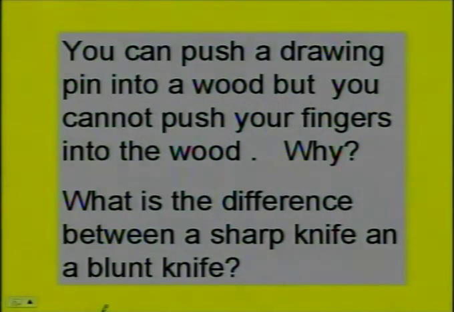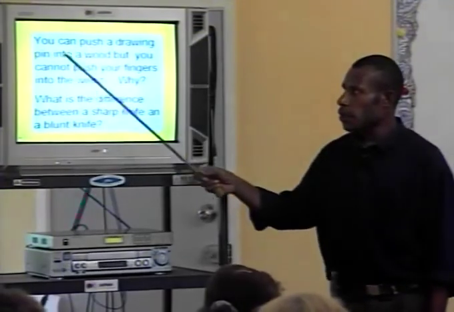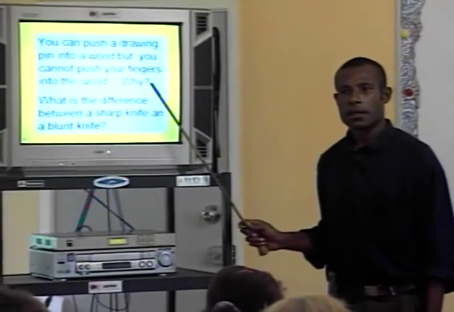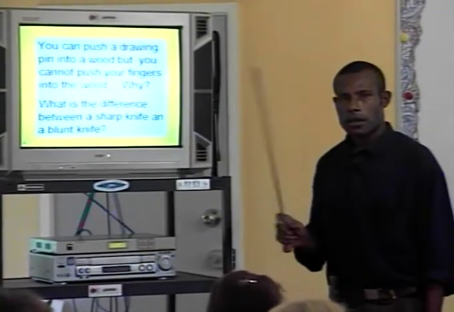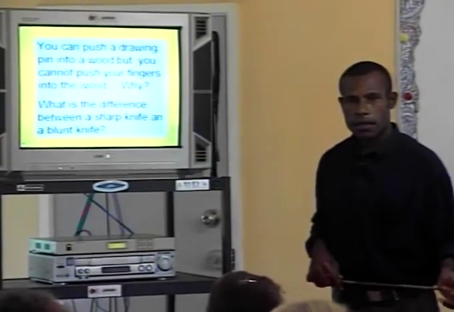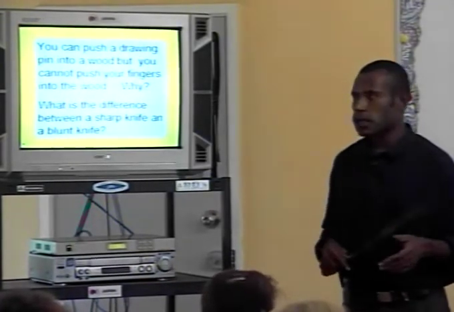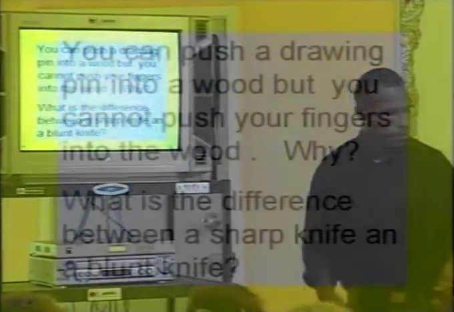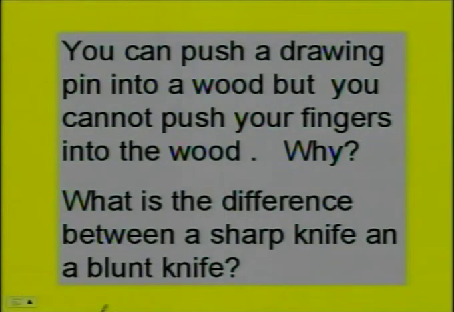Okay, that is an example which was discussed earlier. If you can push a drawing pin into wood, but you cannot push your fingers into the wood, why is that? Pilot teachers, you can ask questions why this would happen. And also, what is the difference between a sharp knife and a blunt knife?